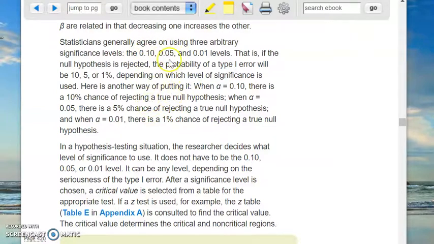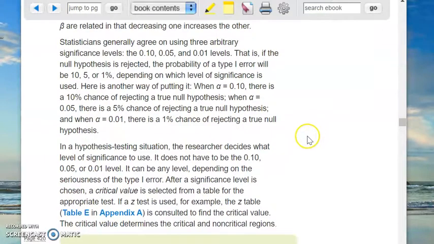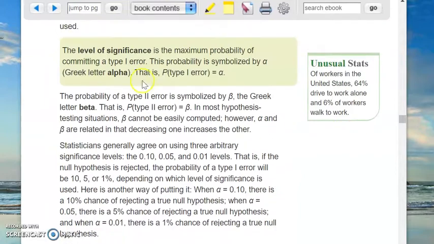Who cares? 5% of the time might be something more significant, where something is really important to you for one reason or another. 1% of the time might be where you're saying, hey, is this medication safe, or will this medication kill you? Well, we don't think it will, but we're okay if we're wrong 1% of the time. That's kind of the concept here, okay? All right. Those are the typical levels of significance that we use.